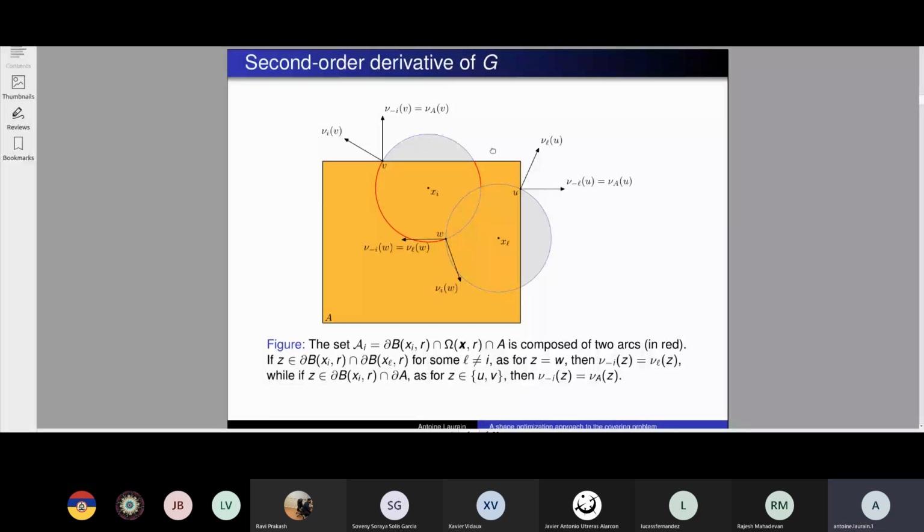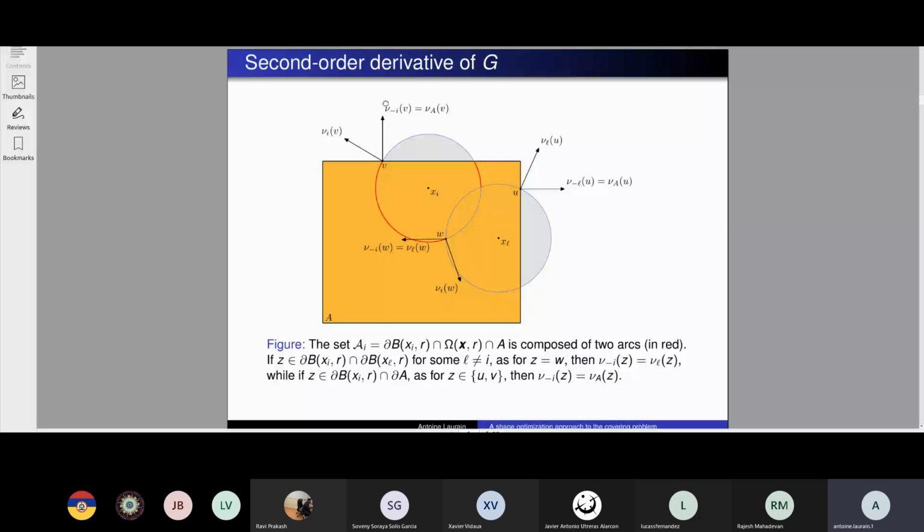So here's an example of these notations. For instance, if you have two balls, the set AI is going to be these two arcs in red here. You can see at the point V, you have the normal vector to the ball BI.